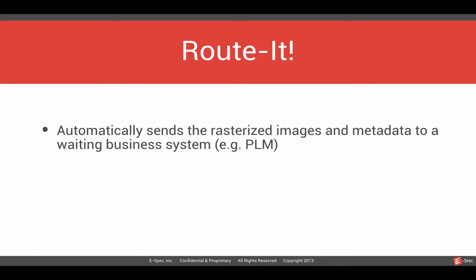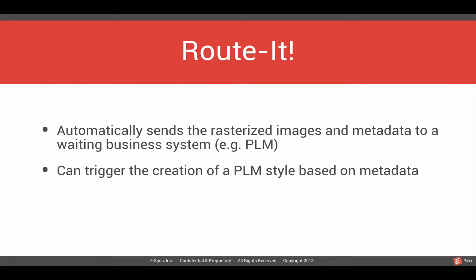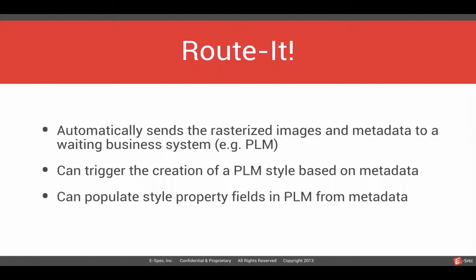We contact a waiting web service that will inject the files and read that metadata and use it to populate the database. It can trigger the creation of a PLM style based on the metadata provided. It can even populate style property fields or image property fields within the PLM system or the DAM system using that metadata.